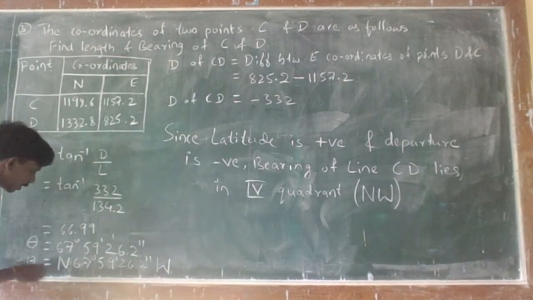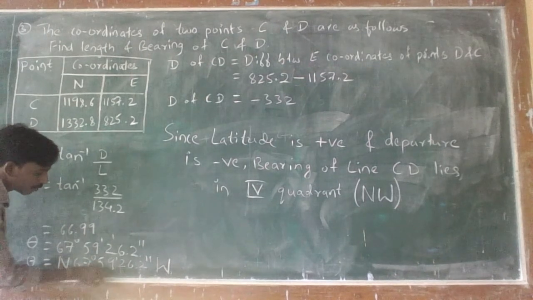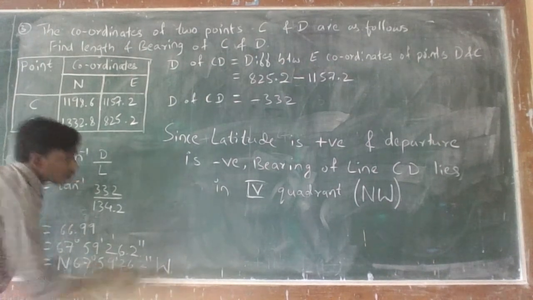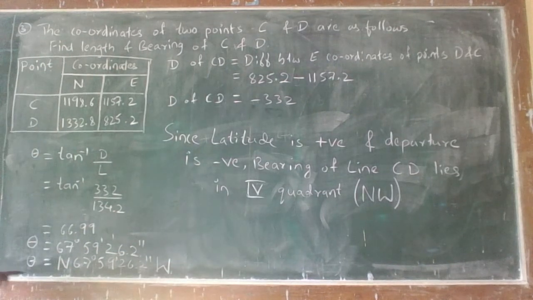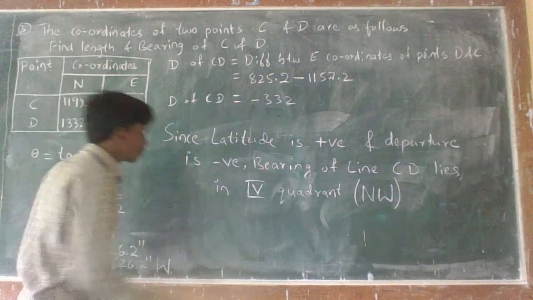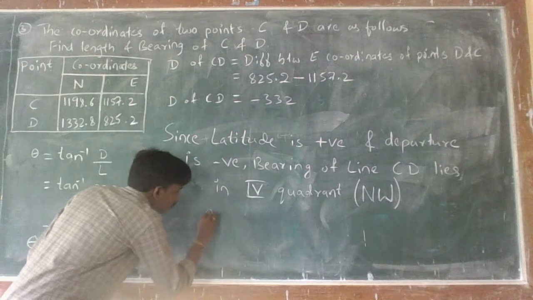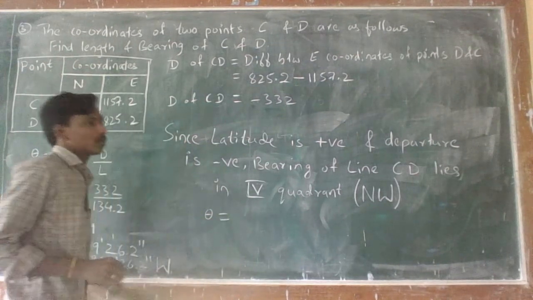So the theta is north 67 degrees 59 minutes 26.2 seconds west. Now let's convert this theta to whole circle bearing.